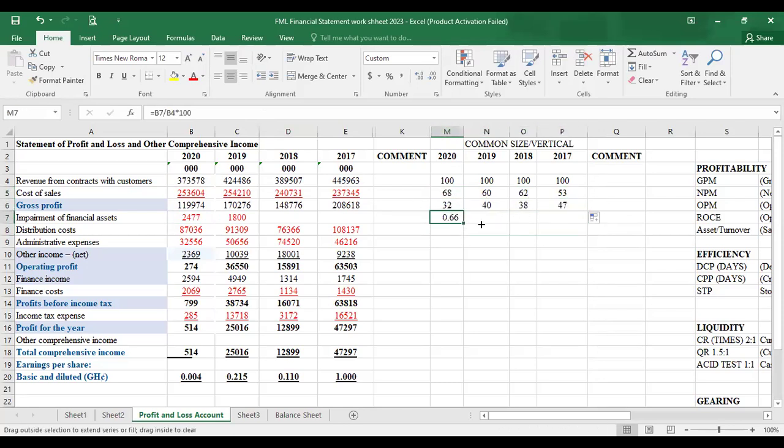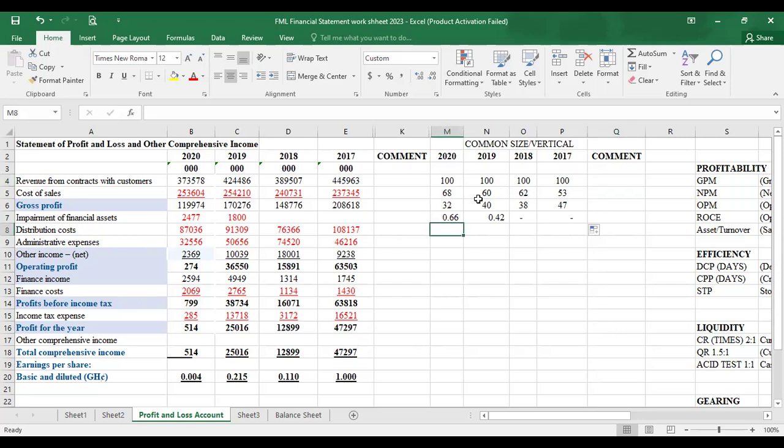Then we compare, and make a comment. The comment we need to make is whether it is a good situation or a bad indication when we have such figures. And then we have to go down to the end, where we have the total comprehensive income. Since it's the same as the profit for the year, we can end it at the profit for the year.